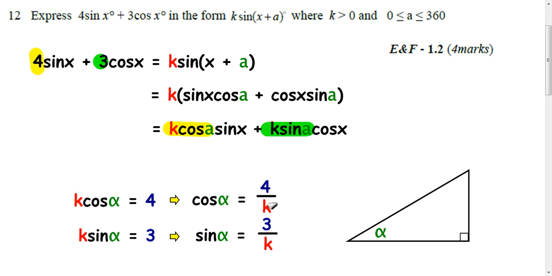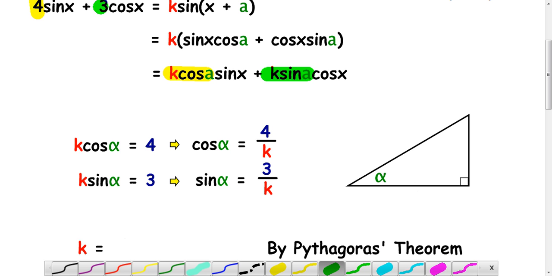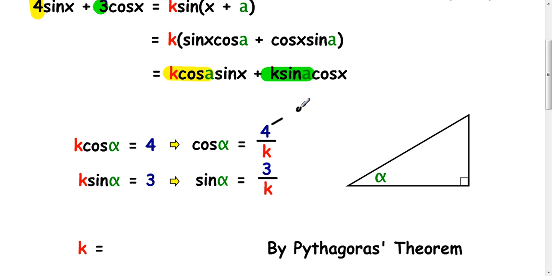So first we're going to try and work out k using a wee right angle triangle and Pythagoras. Draw a wee triangle out, put your alpha in, and label the sides with the information. We should know that cos is adjacent divided by hypotenuse. That's the adjacent, that's the hypotenuse, and that's the opposite side on the triangle.